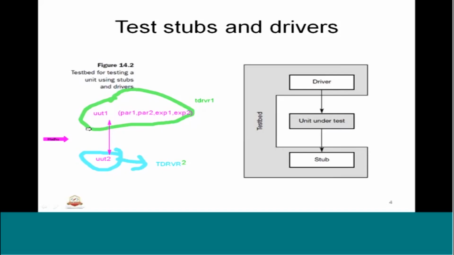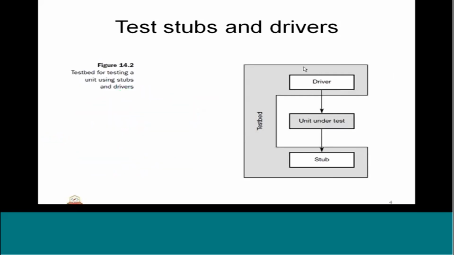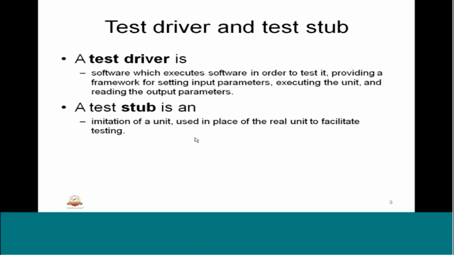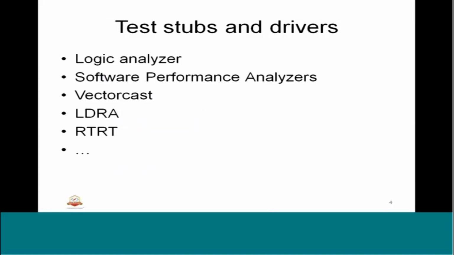So such a test bed architecture facilitates the testing of any unit. The reuse of such tests during integration testing and large scale automation of low level testing is easier basically. So considering all these aspects, we need to have test stubs and drivers. Okay, so that is about test stubs and drivers and gray box testing with the white box testing mechanism.